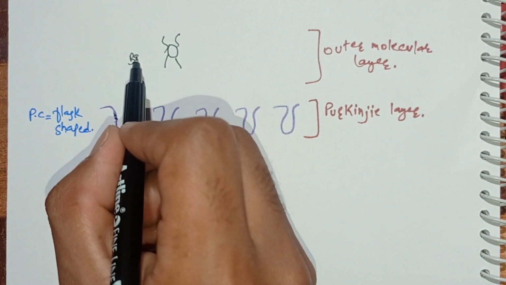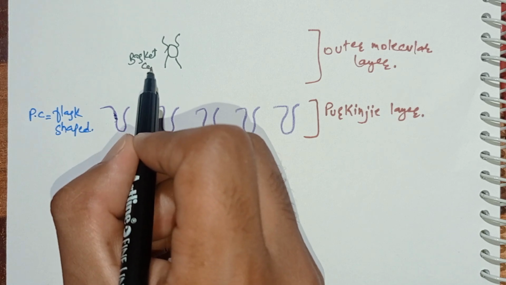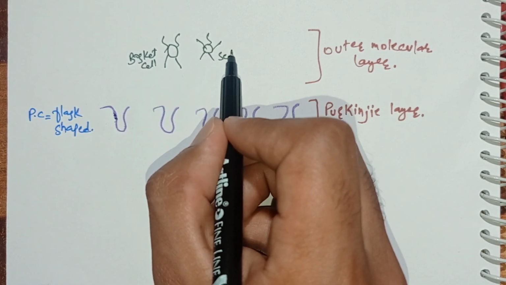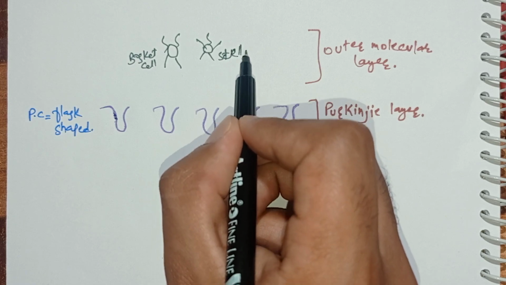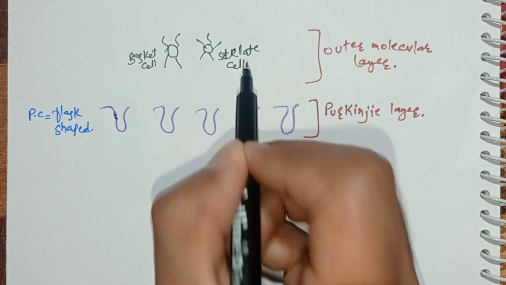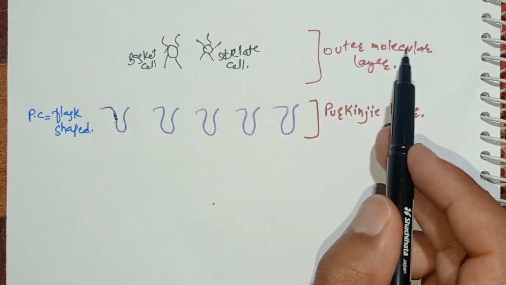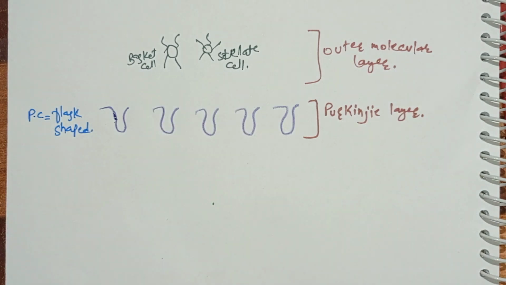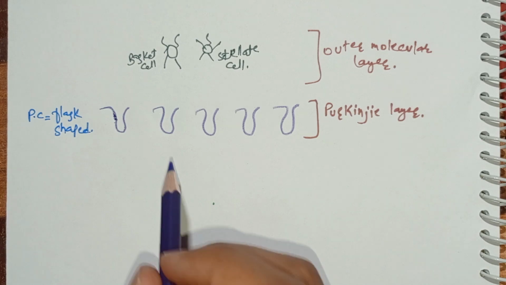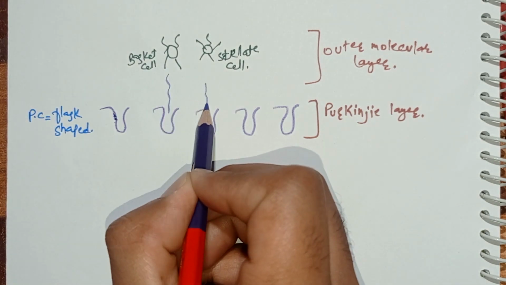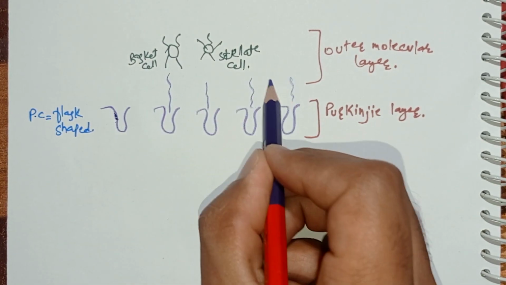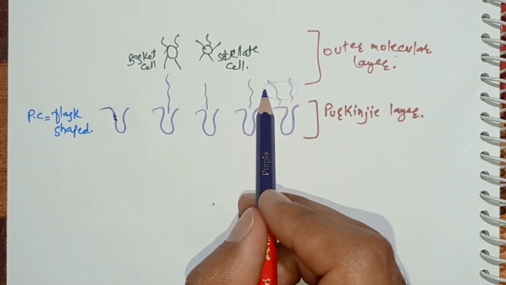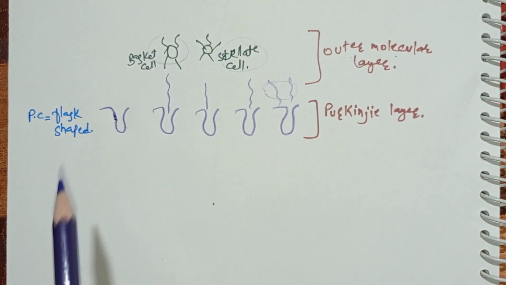This is a basket cell, and consider this as a stellate cell. Along with these cells, it also contains the dendrites of the Purkinje cells. So the outer molecular layer contains dendrites of the Purkinje cells, stellate cells and basket cells.